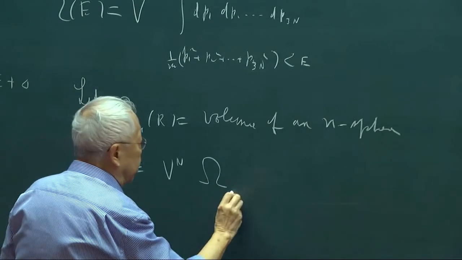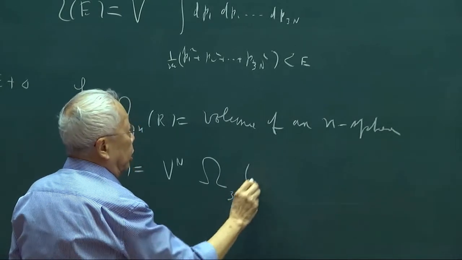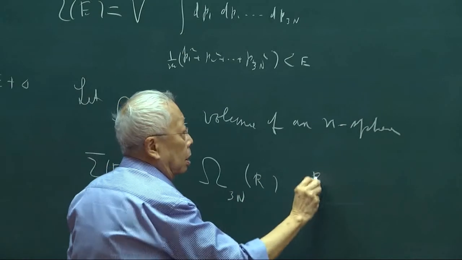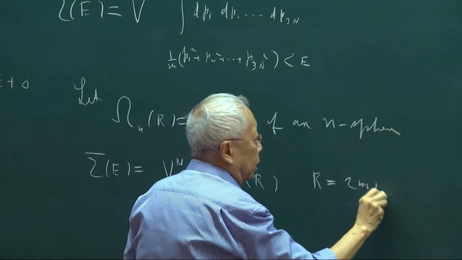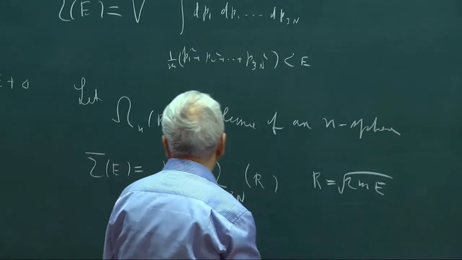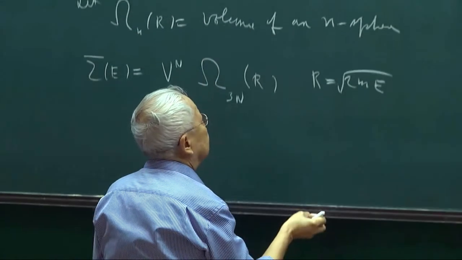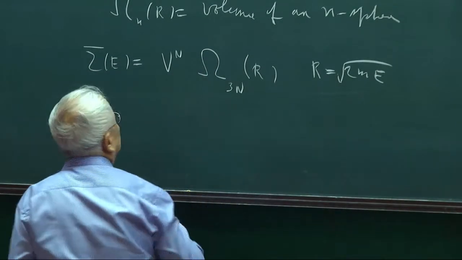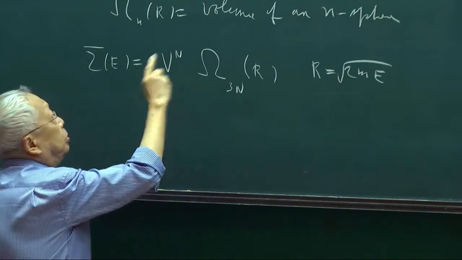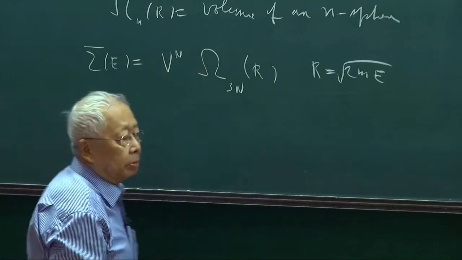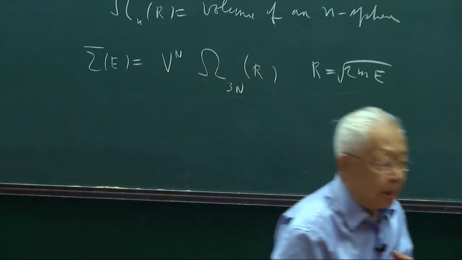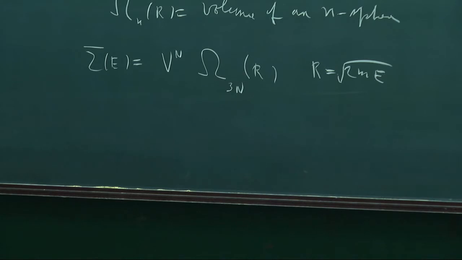The dimension is 3N, and the radius r is equal to the square root of 2mE. So we need the volume of a sphere in n dimensions.